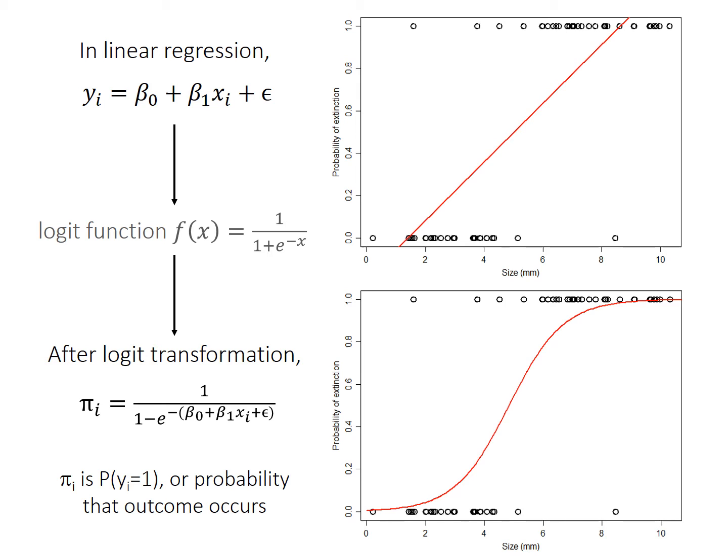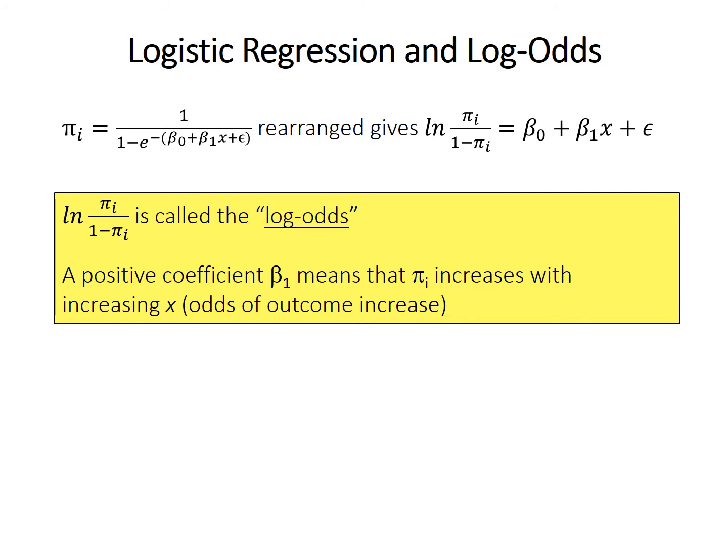So this equation here is the equation for logistic regression with the pi i, but it's more typical to see the equation in this rearranged form, expressed as the log of pi sub i divided by 1 minus pi sub i. And so that is called the log odds. This log of pi i over 1 minus pi i is the log odds. We'll discuss odds in a bit more detail in the next slide, but briefly, the odds are the probability of an event occurring, pi i, divided by the probability of the event not occurring, which is 1 minus pi i.